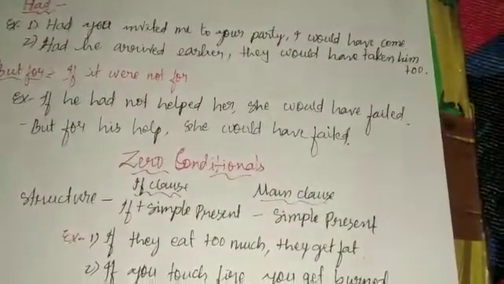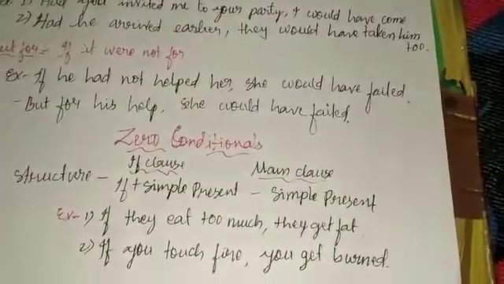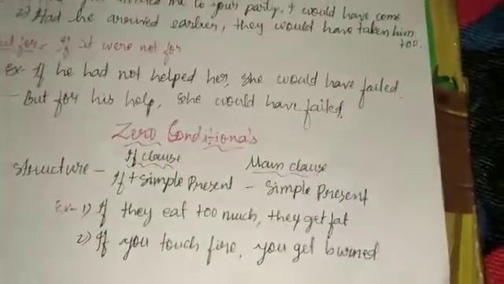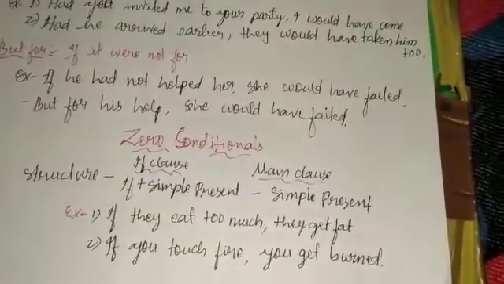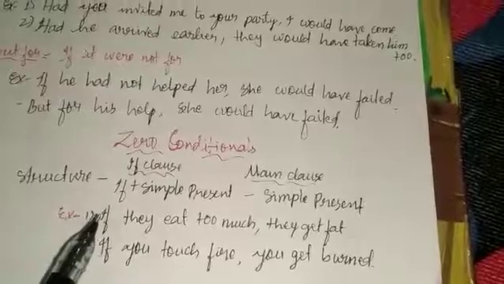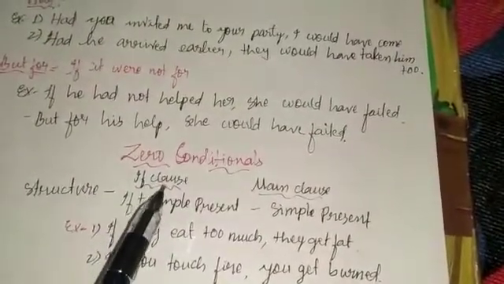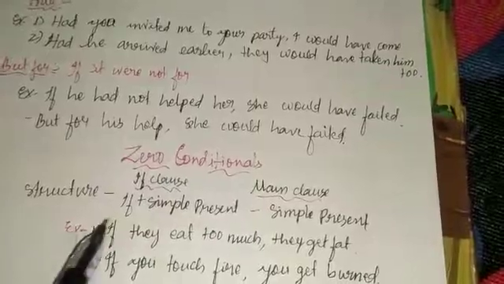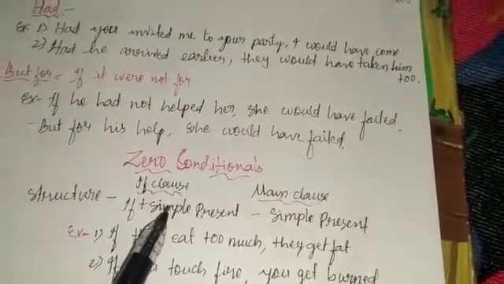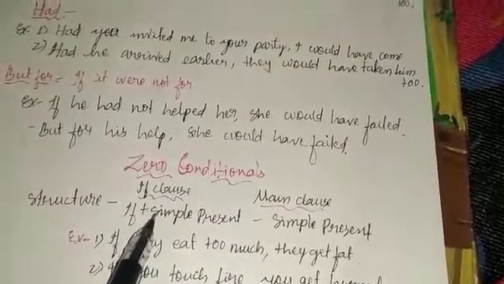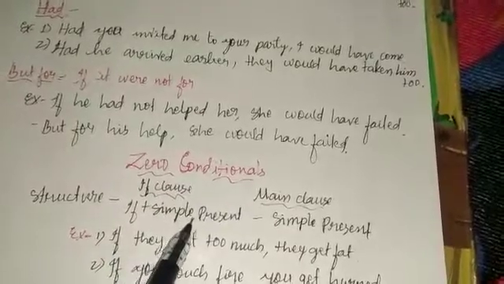Now the last one is the zero conditional. So zero conditional basically refers to things, universal fact or truth. When we express those things, we use zero conditional. Since it expresses truth and fact, therefore in the if clause it must be simple present.